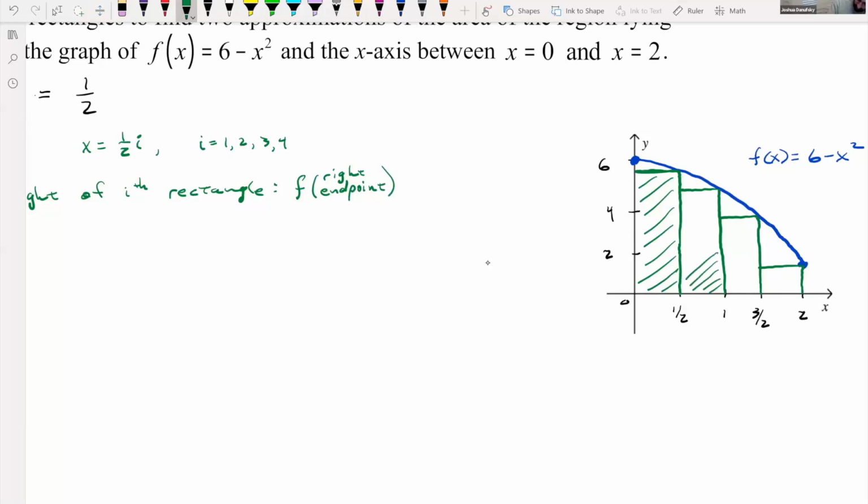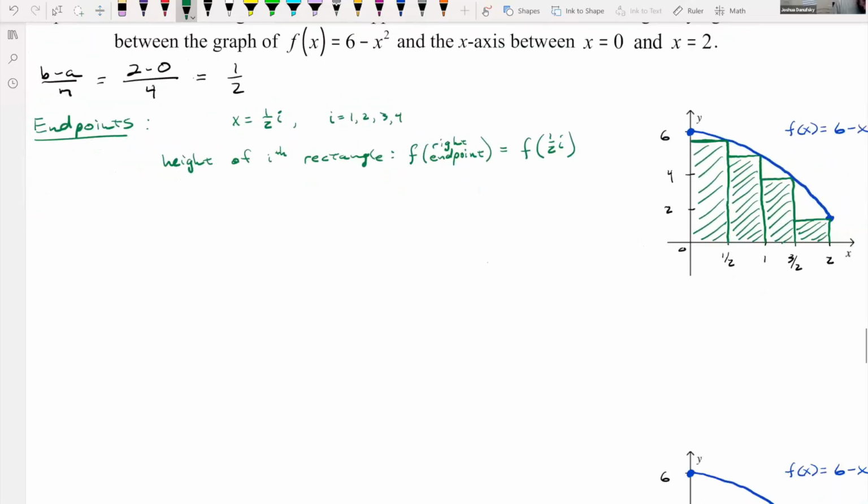We're getting the height for this rectangle that I'm coloring in now at 1. F of 1 is the height of that second rectangle. F of 3/2 is the height of the third one. F of 2 is the height of the last one. So in this case, that's going to be f of 1/2 i, our right endpoints.